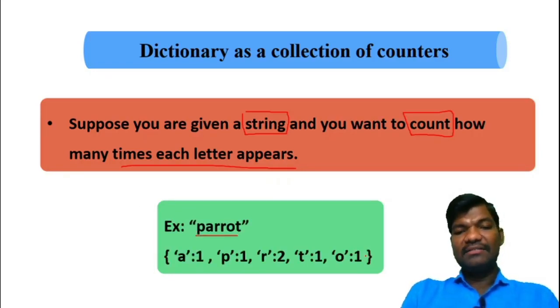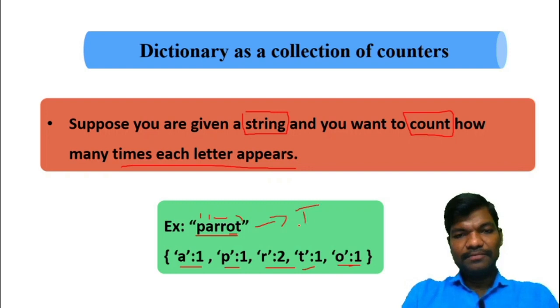This is the dictionary final output. A is only one time. P is also one time. R 2 times. T 1 time. O 1 time. This is input, and this is output.